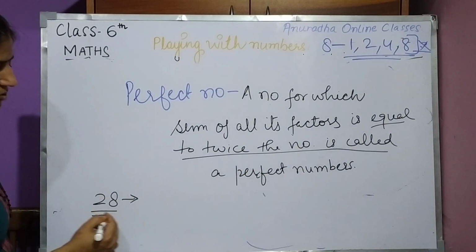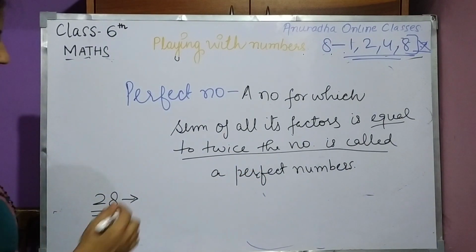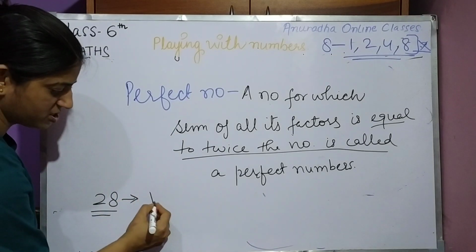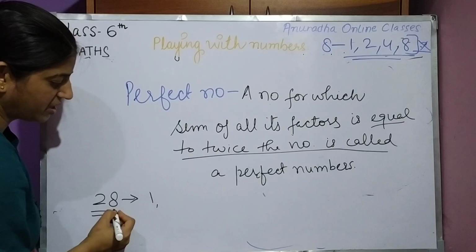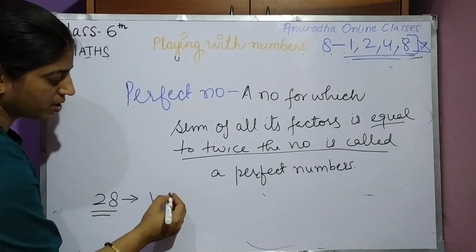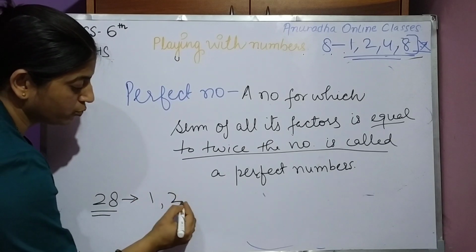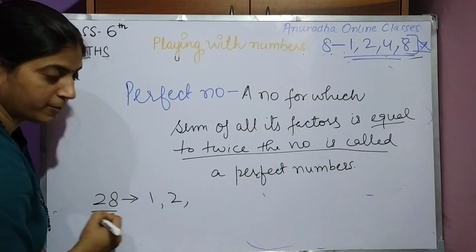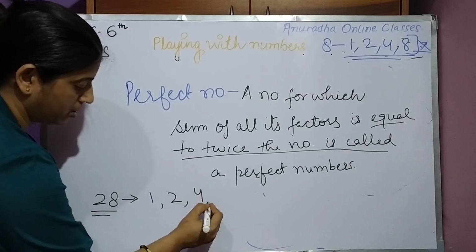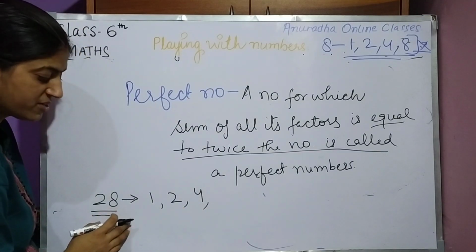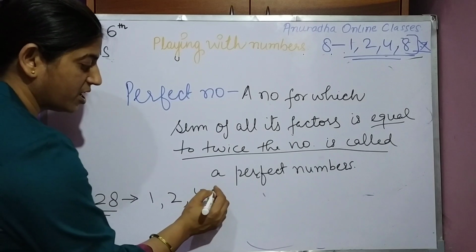Suppose I have taken one number, that is 28. Let us find its factors. First is 1. Then 2. Then 3 के टेबल में no. 4 7s are 28. 6 में नहीं आता, 7 में.